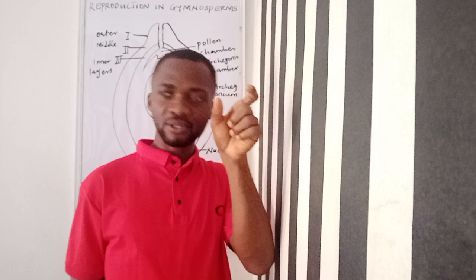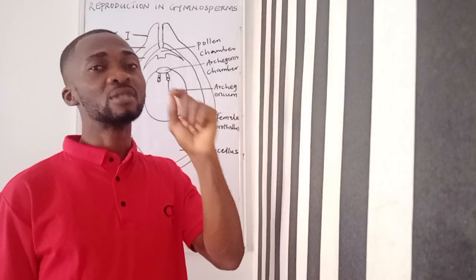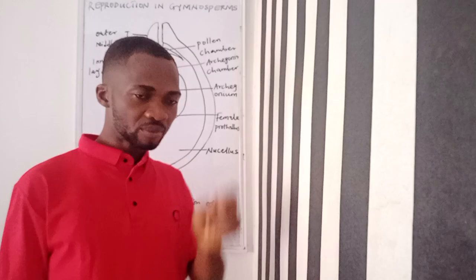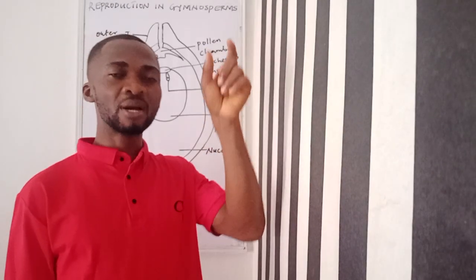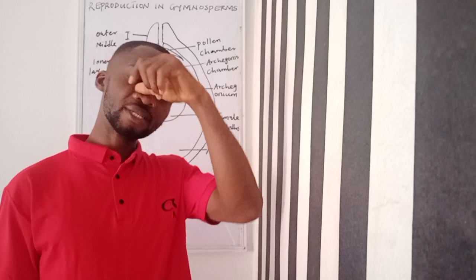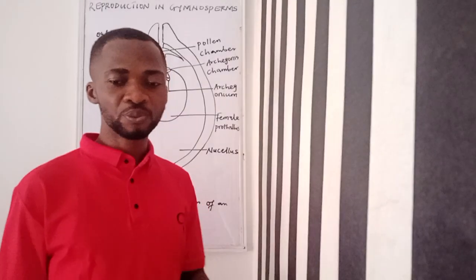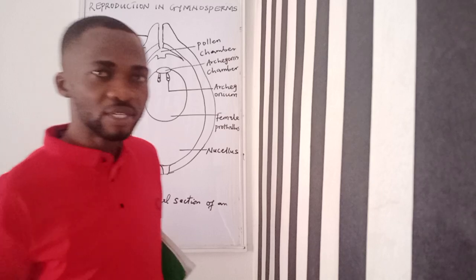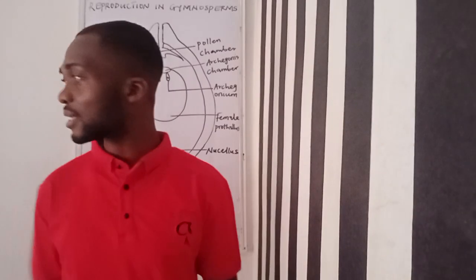So the first part of the female reproductive part of the flower is called the stigma. Then the style is that tube that connects the stigma with the ovary. And because you can't see this in gymnosperm, remember that the ovule is hidden right inside the ovary.